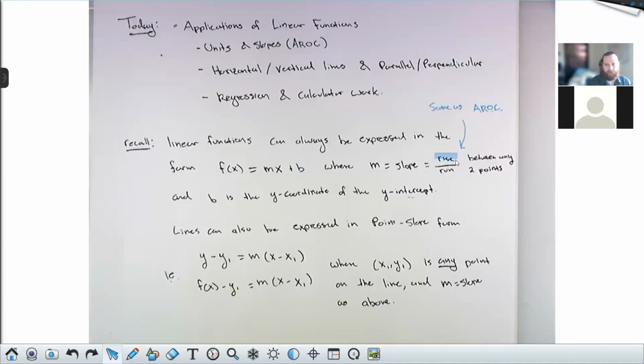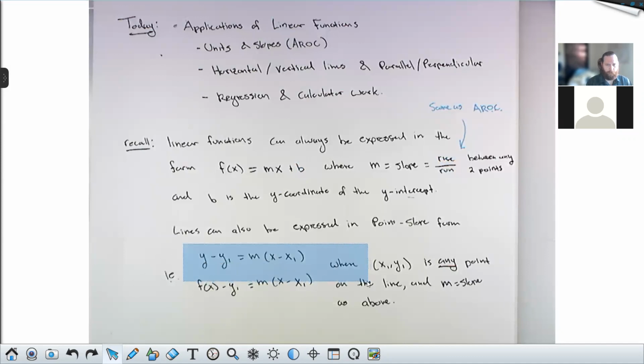But the rise is like f of b minus f of a, or y2 minus y1. And the run is like b minus a, or x2 minus x1, however you want to think of it. I think probably everybody is familiar with this in at least some sense. So that's all, just a recap.